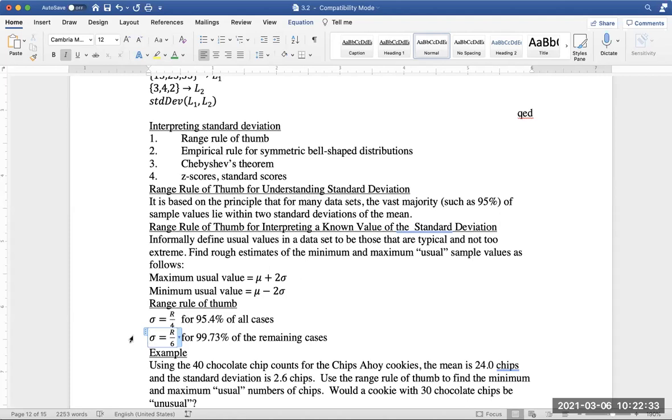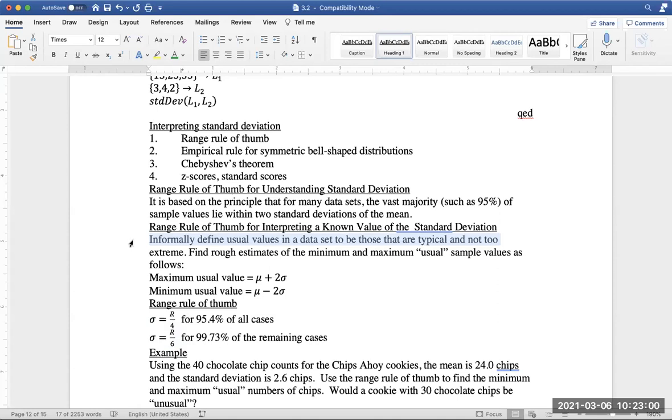Informally, we can think of usual values as those that are typically values that you'll see, a typical range of values.